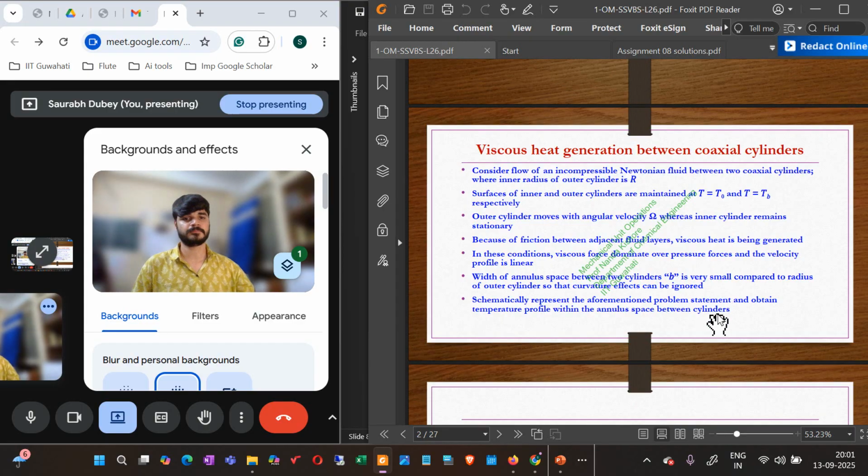So let's see. Viscous heat generation between these coaxial cylinders. Here you are having these coaxial cylinders, and about the gap there are these two discussions. In this particular lecture, whatever gap we have, we will not be taking the curvature effect.